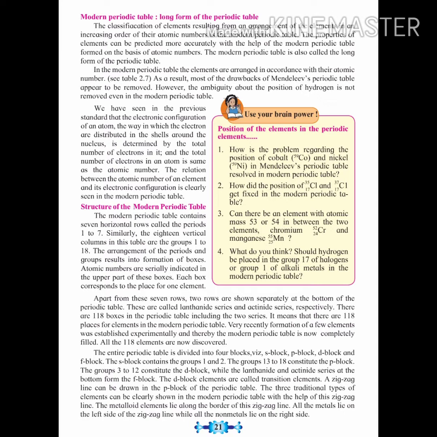Where is the proton present? In the nucleus. In the nucleus, protons and neutrons are present, and outside the nucleus, in the orbit, the electrons revolve around the nucleus. So the negative charge, that is the electron, revolves outside the nucleus, and the positive charge, that is the proton, is present inside the nucleus.